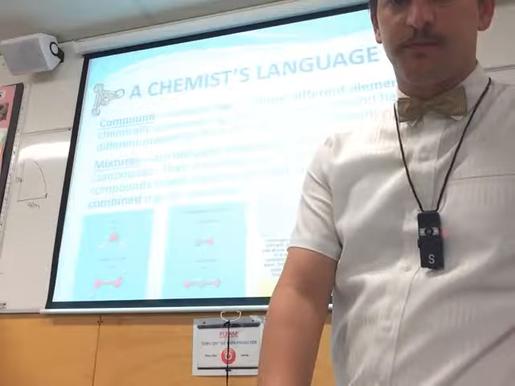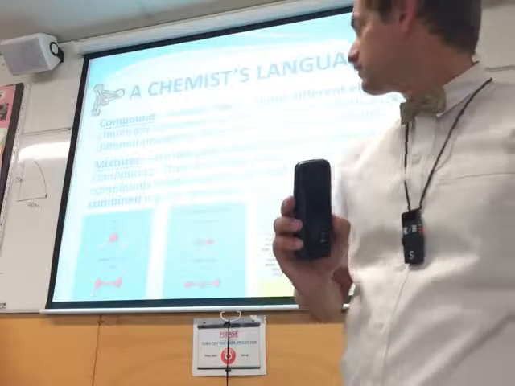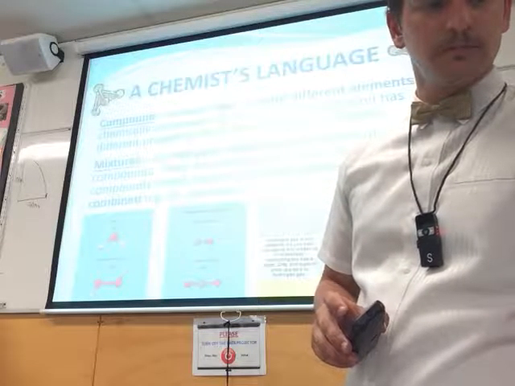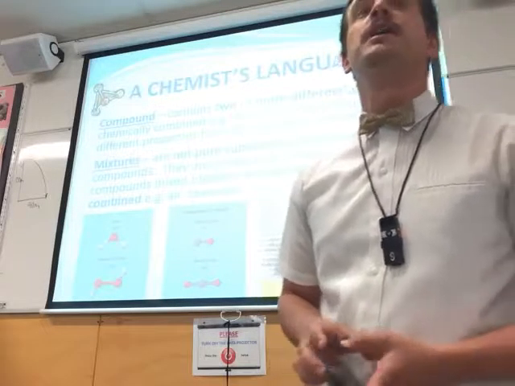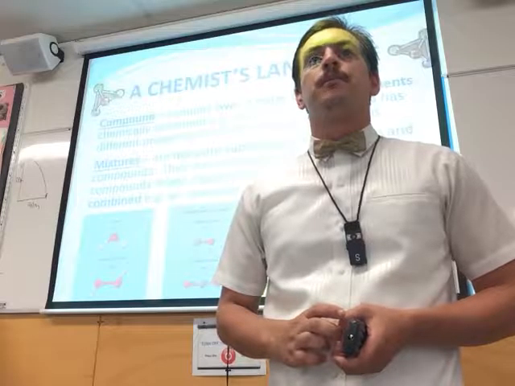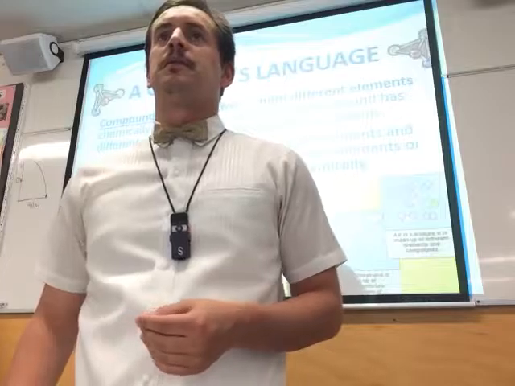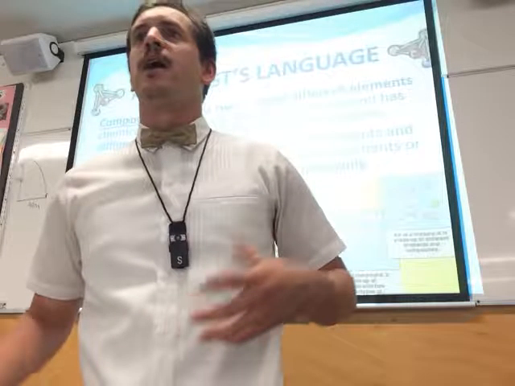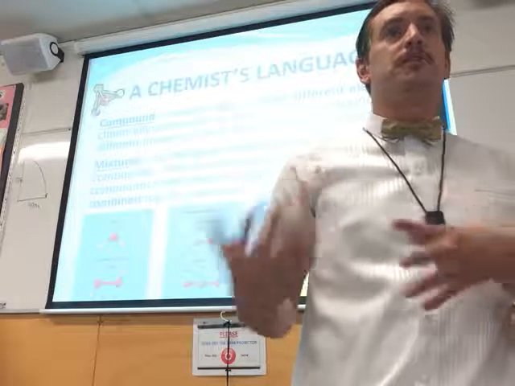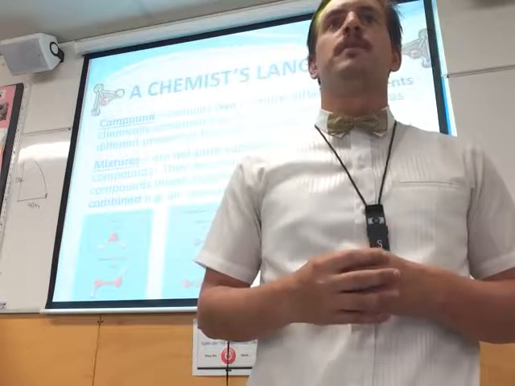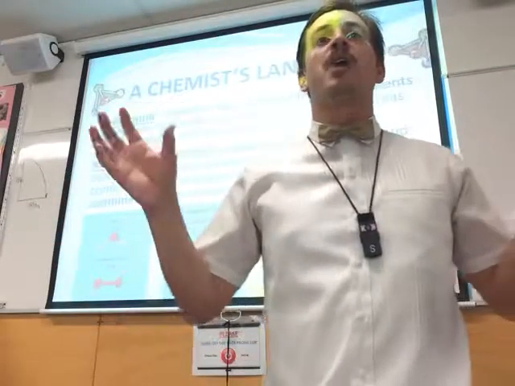So compounds. What's the difference between? Well, molecules are a form of compound. Okay? You can have compounds that are molecules, or you can have compounds that are salts or different metal alloys. Okay? So a molecule you'll have, say, for example, with water, you've got oxygen and two hydrogens.